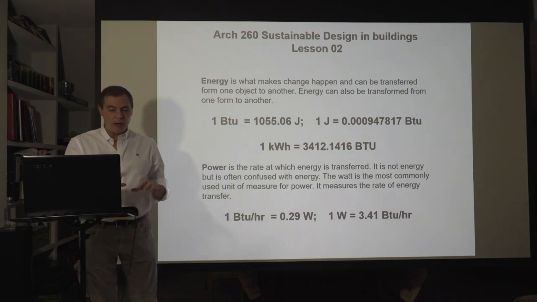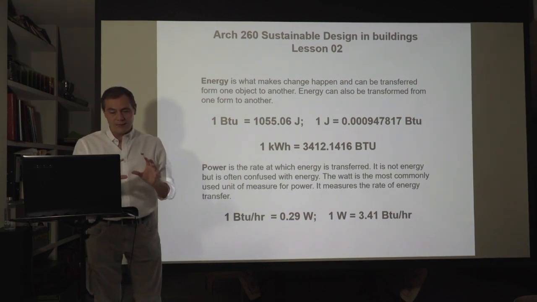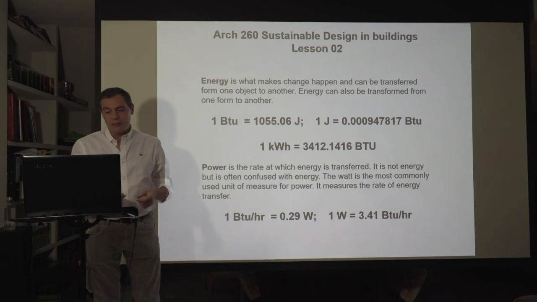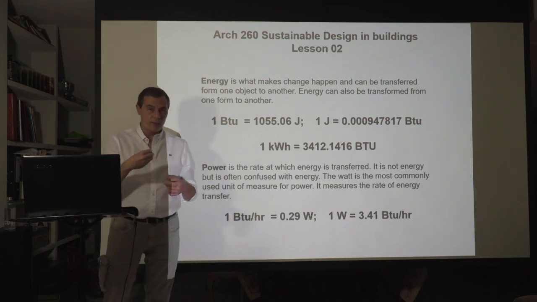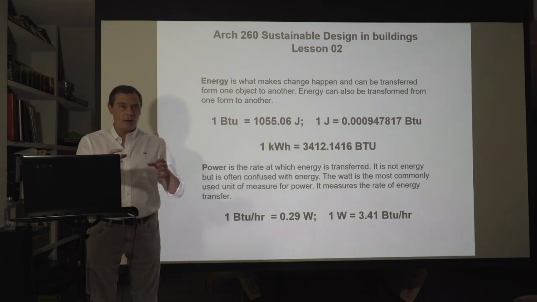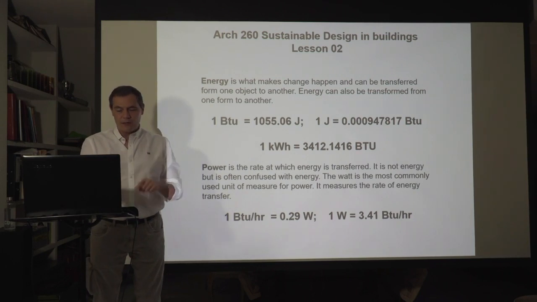Then we have power. Power is a different concept. Power is the rate at which energy is transferred. So we have the energy, and then we have the rate at which this energy is moving. And this is the power. What are the units?